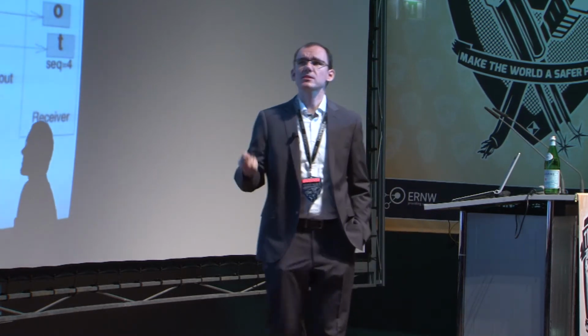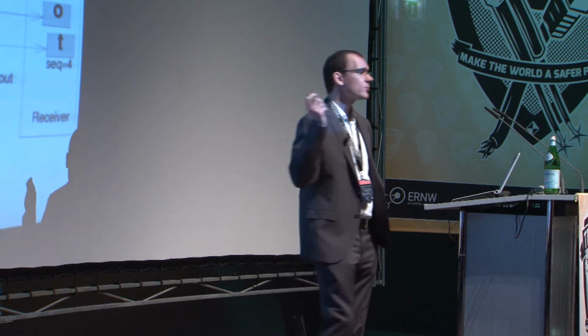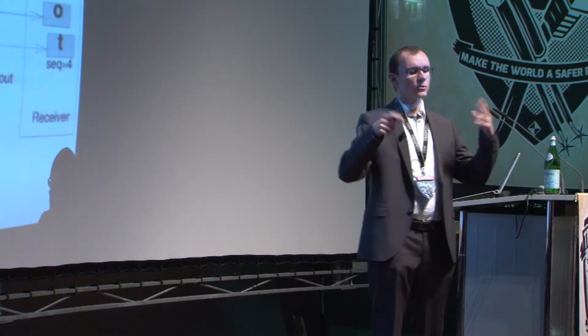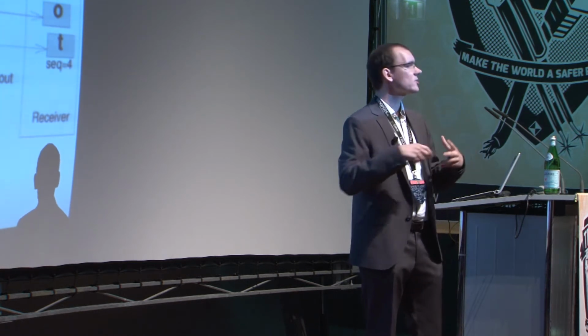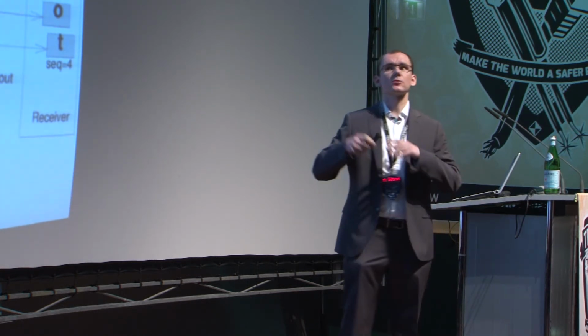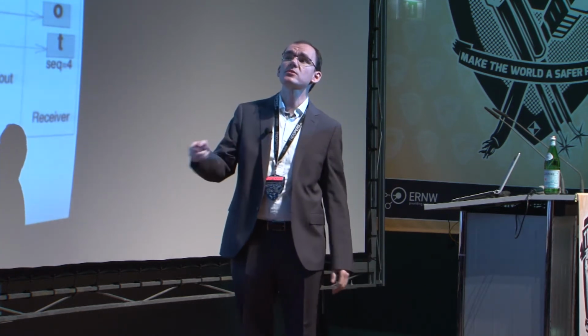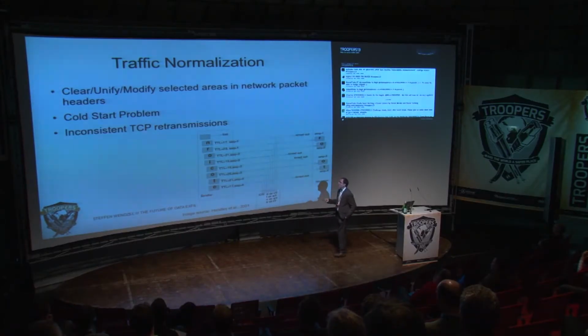There are some problems with it, like the cold start problem. The normalizer bootstraps, notices some existing TCP connections, but does not know anything about the handshake and so on, and we have inconsistent TCP transmissions. What also must be considered a problem, because you can see it in the picture, it's from a paper by Handley et al. The attacker sends multiple packets with the same sequence number.